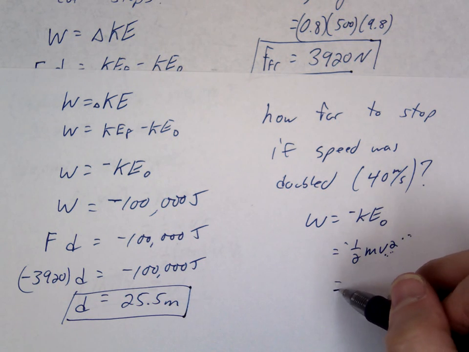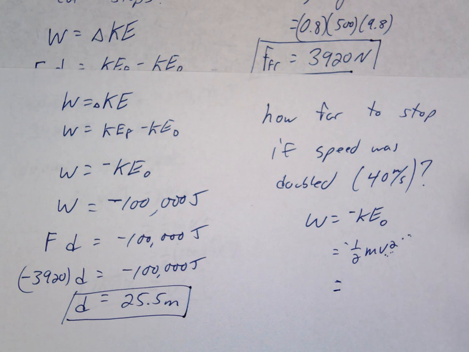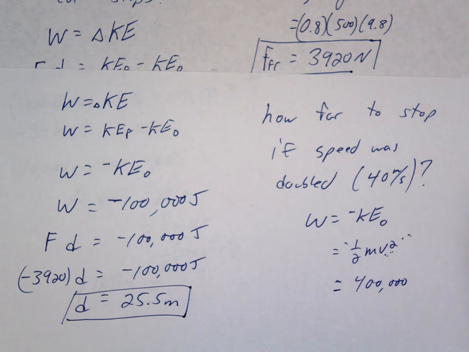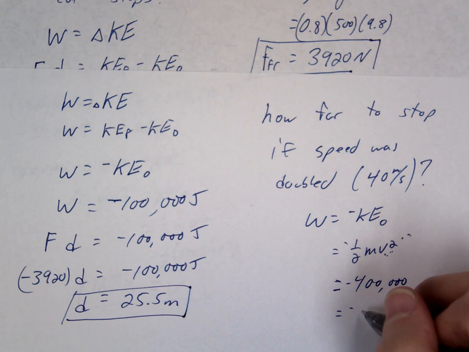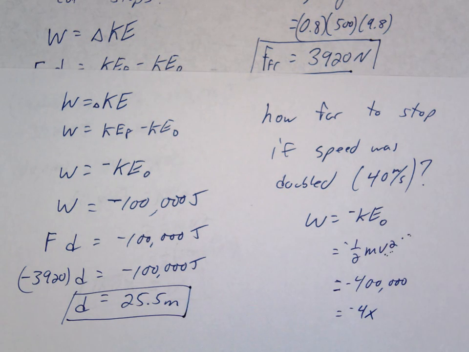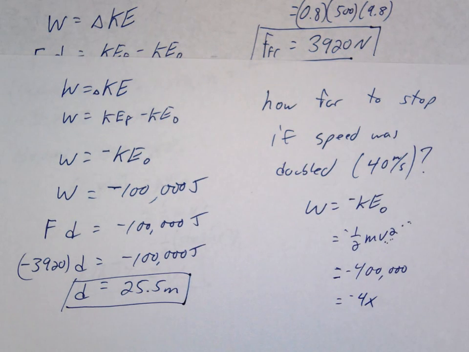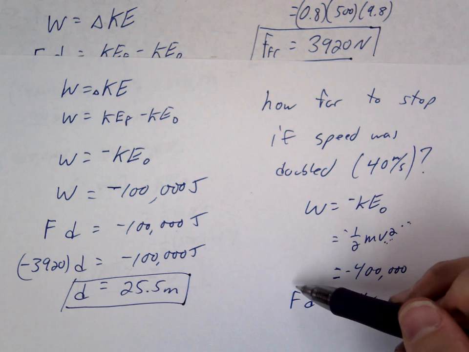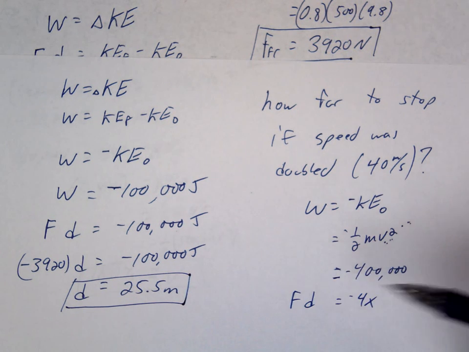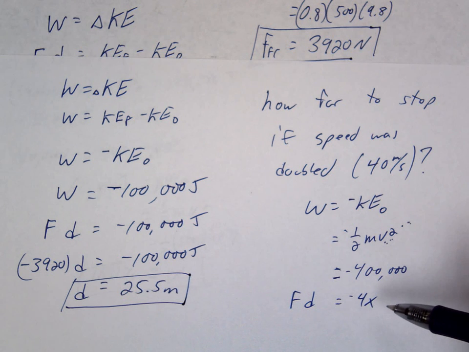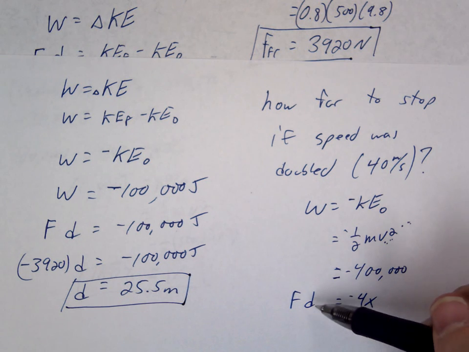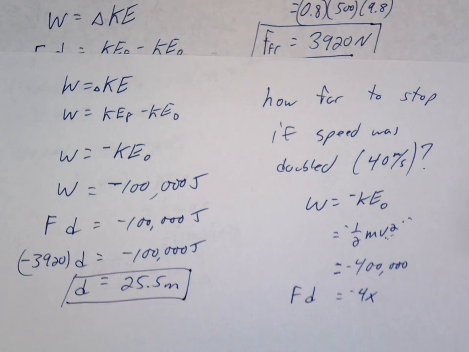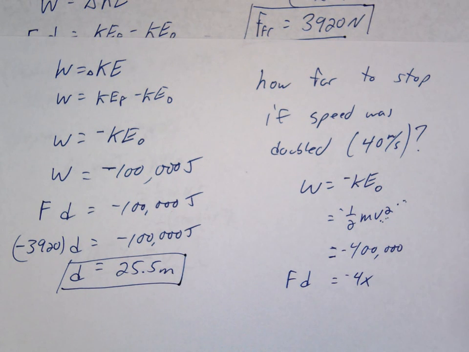I know how much it is. It was 100,000. I just quadrupled it, so how much is it? 400,000, or if you just think of it as 4 times as much. Well, that should be equal to our work, which is force times the distance. We didn't change the force. So if we just quadrupled the amount of energy, we have to quadruple the amount to stop, which means what's the distance going to be? 4 times as far, right?